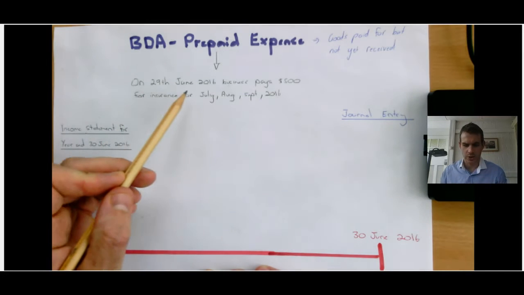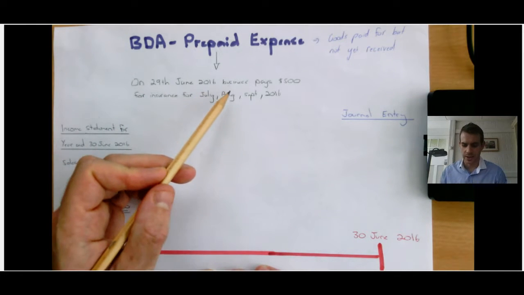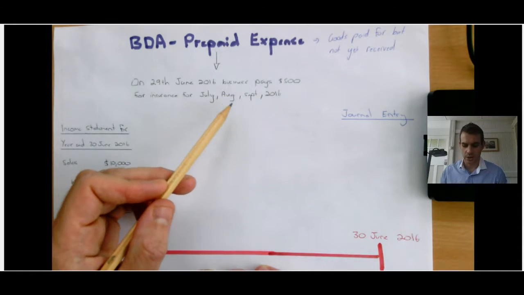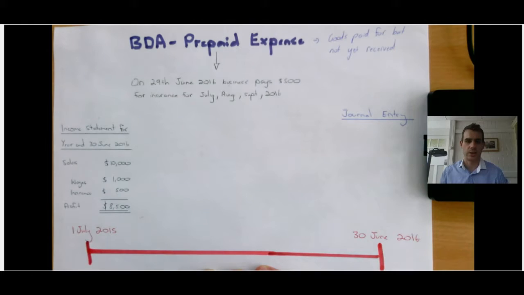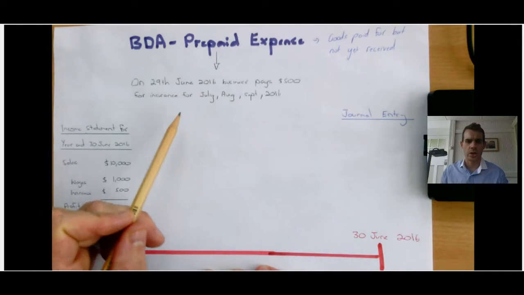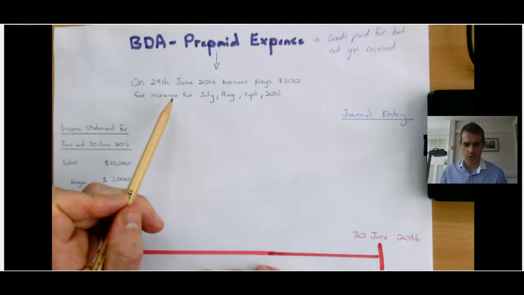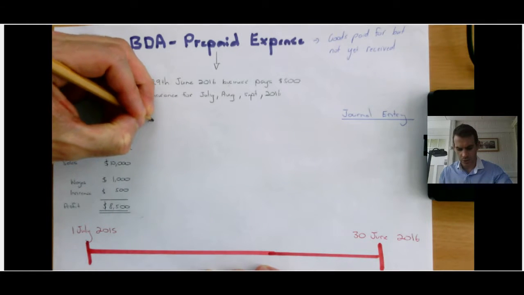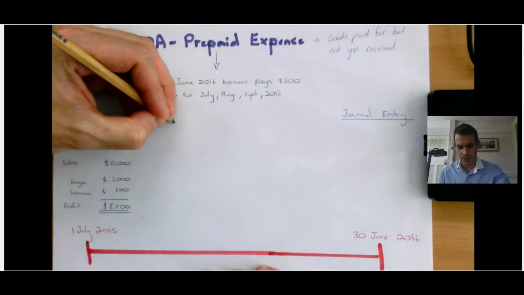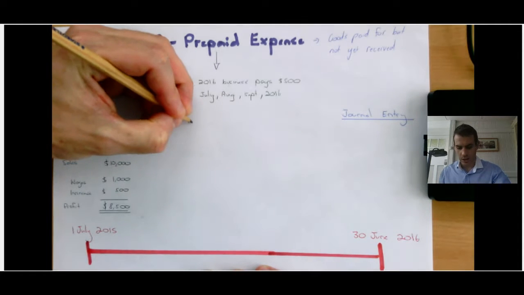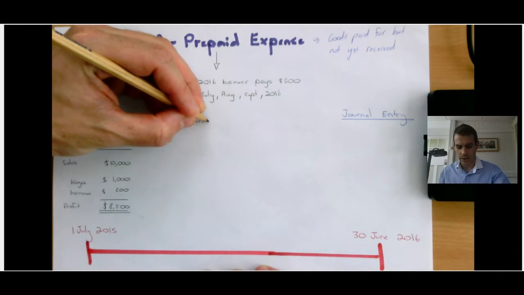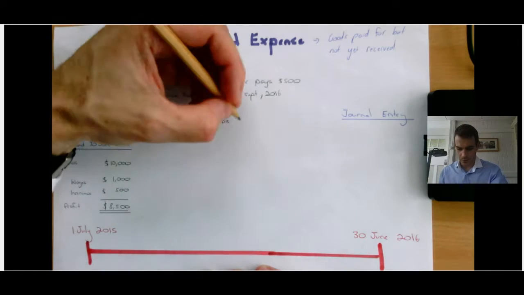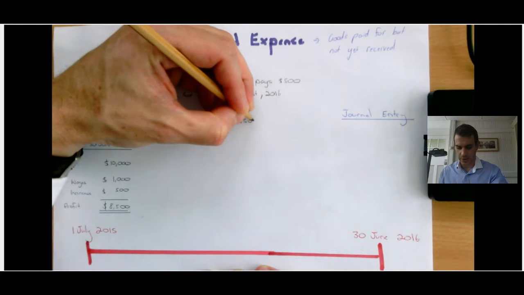On the 29th of June 2016, a business pays $500 for insurance for July, August and September 2016. Let's firstly do the journal entry that the business would record on this date. So the June 29, insurance would be the expense, which is a debit, for $500.